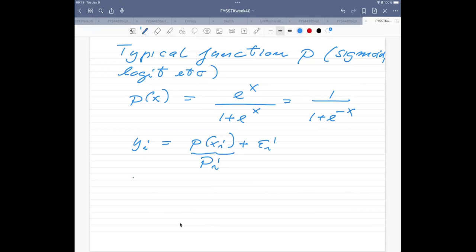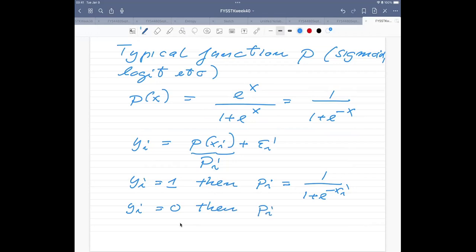Now you could say that if y of i is equal to 1, then p of i is just equal to 1 divided by 1 plus e to the minus x of i. And if y of i is equal to 0, then the probability is equal to 1 minus this function here.